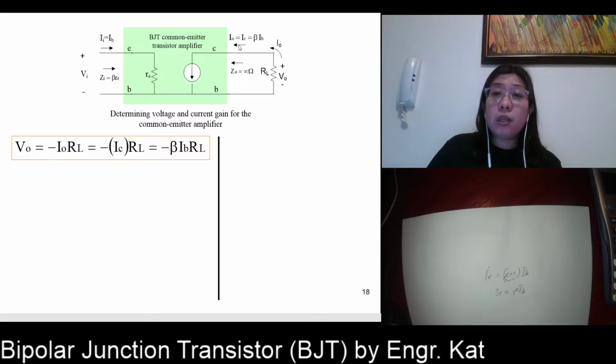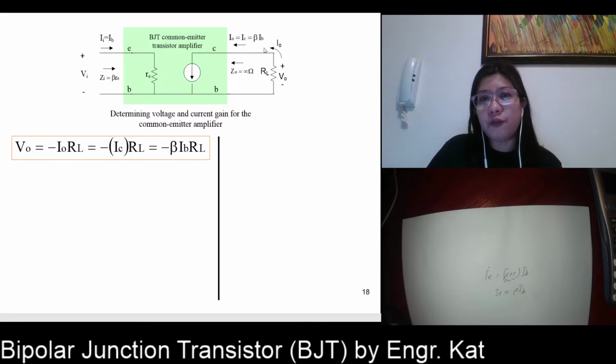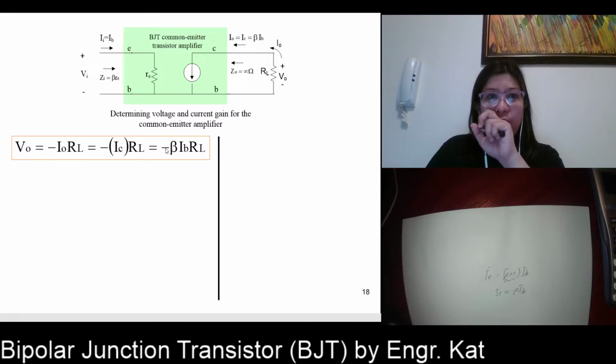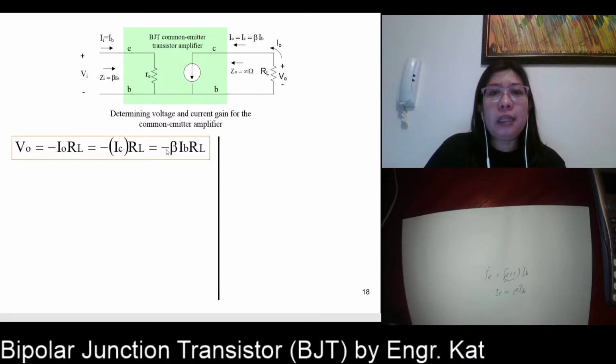Why? Because you can see your IO has the same direction as your IC. So since they have the same direction, we have here simply beta IB. So IC is equivalent to beta IB. That means the negative sign here cannot be removed. So your VO is really negative beta IB multiplied by your RL.